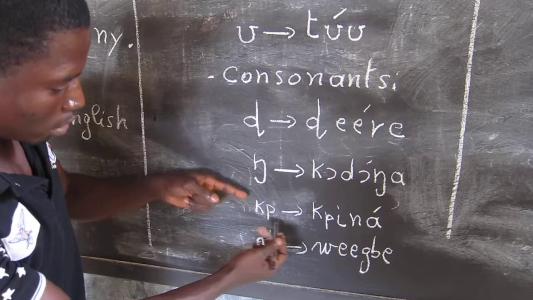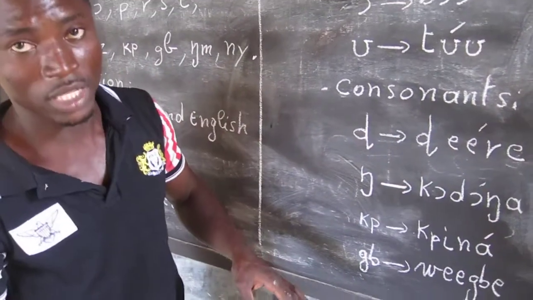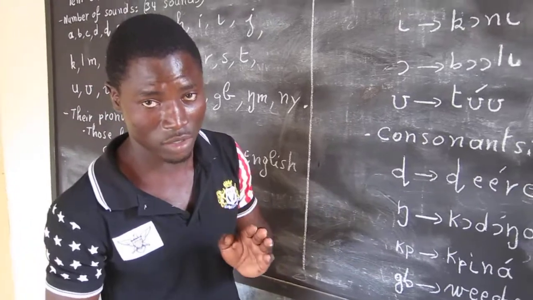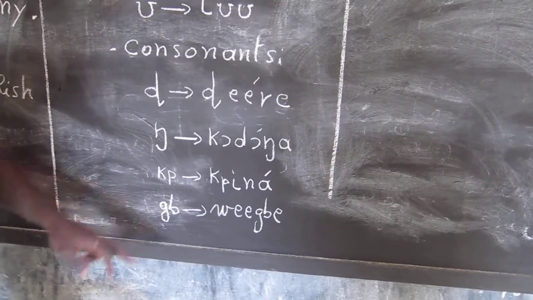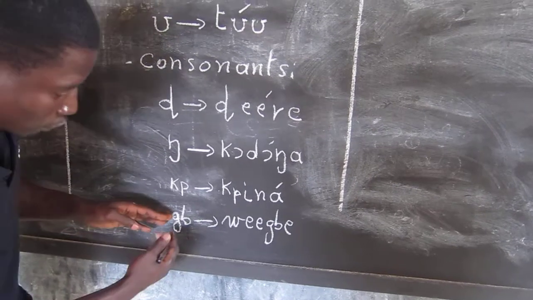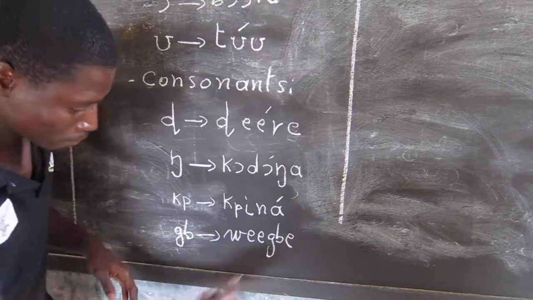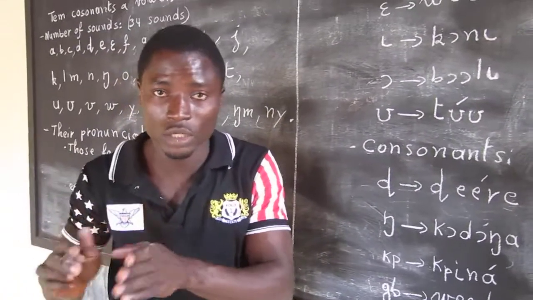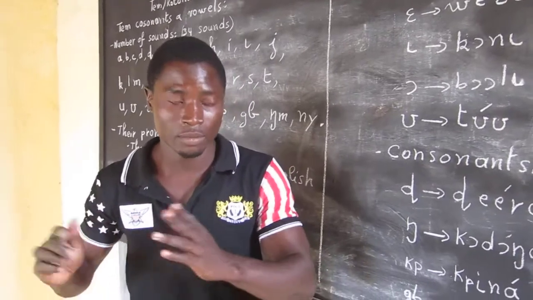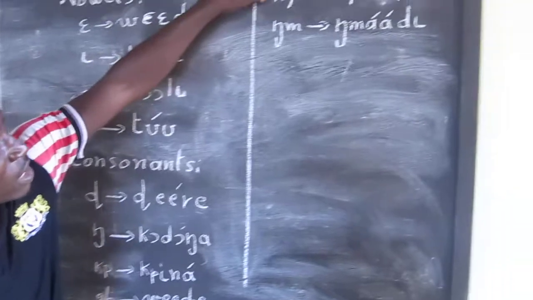This combination, both of them are considered as being one sound. And we have this sound, which is b, and it can be found in the word where he or she went back home. So this is b.